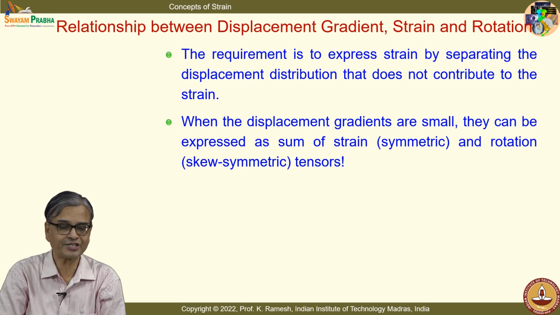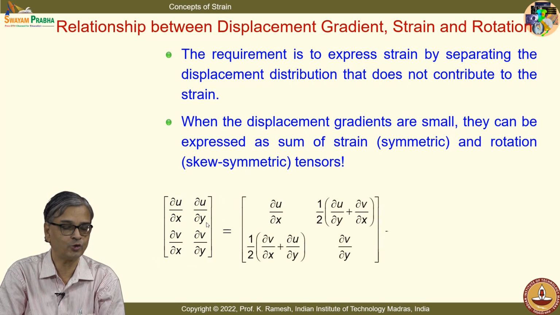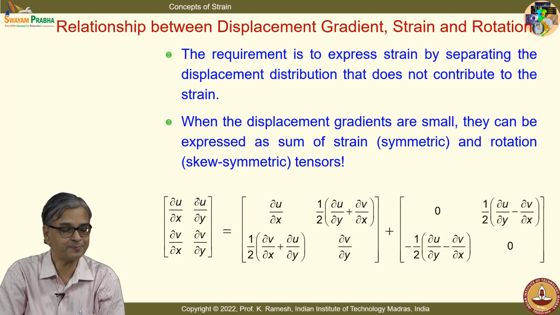And you have a rotation, and if you see it in black and white, it is very convincing. I have the displacement gradient matrix, dou u by dou x, dou u by dou y, dou v by dou x, dou v by dou y, which can be expressed as one matrix dou u by dou x, half of dou u by dou y plus dou v by dou x.